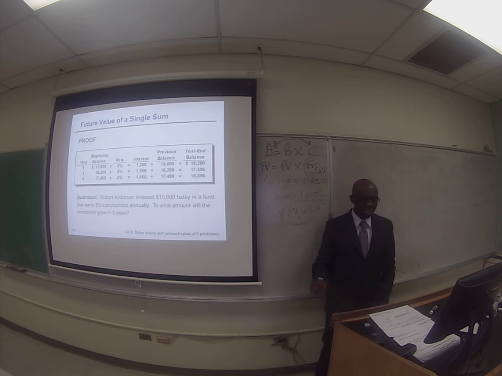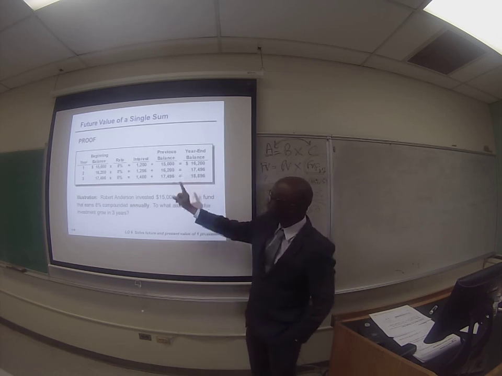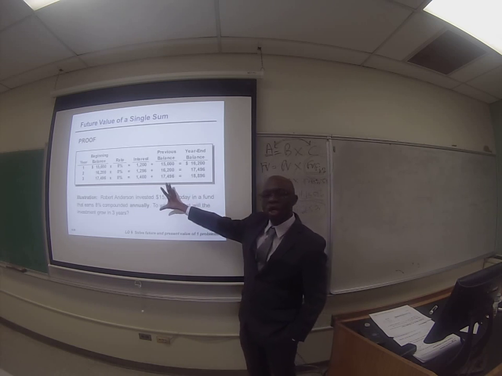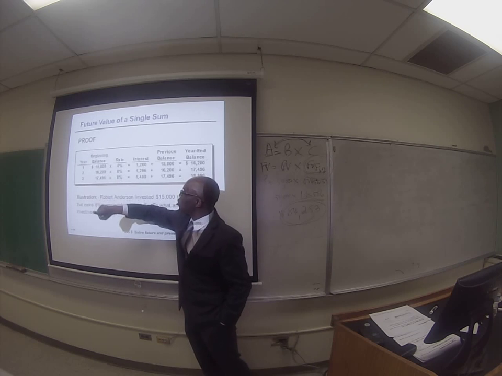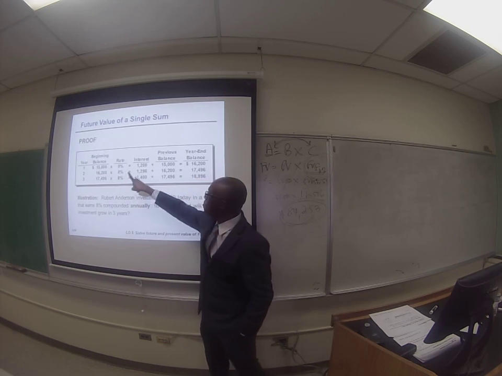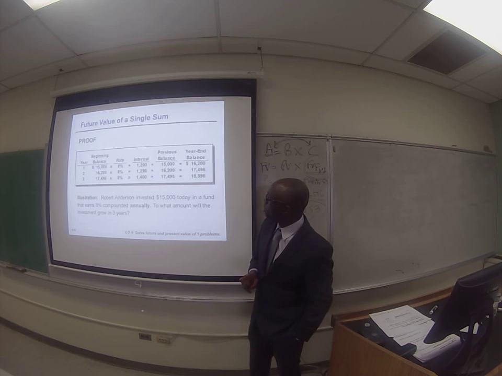Now, here is a proof of what we just did. In actuality, here, 3 years, you can actually calculate this manually. Take a look at how this is done. $15,000 multiplied by 8% will give you $1,200 interest.